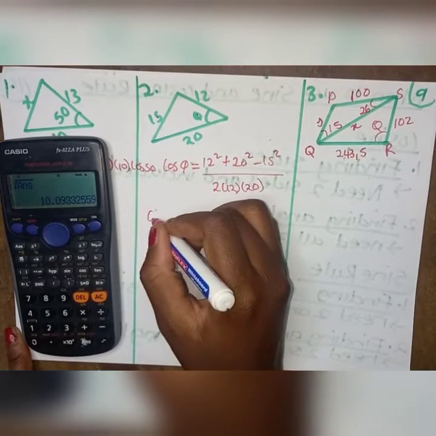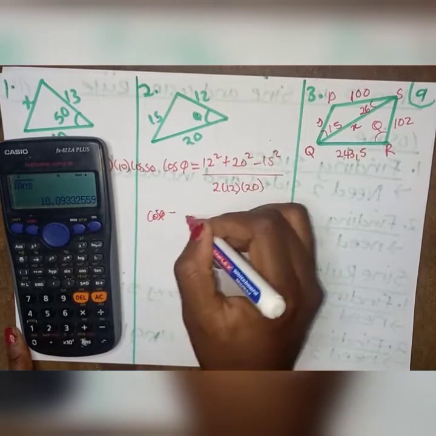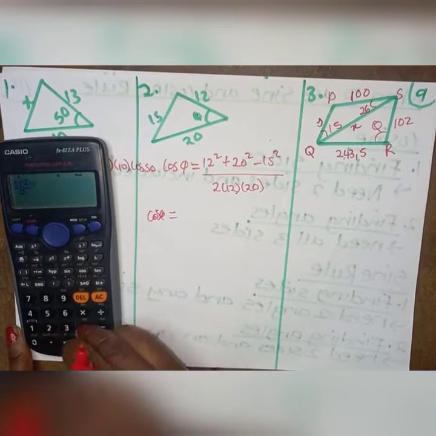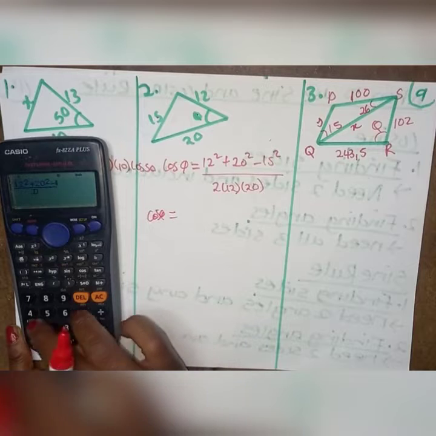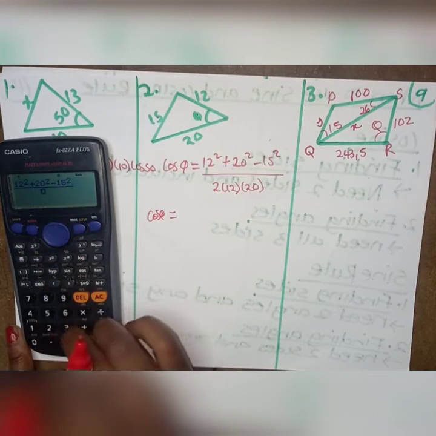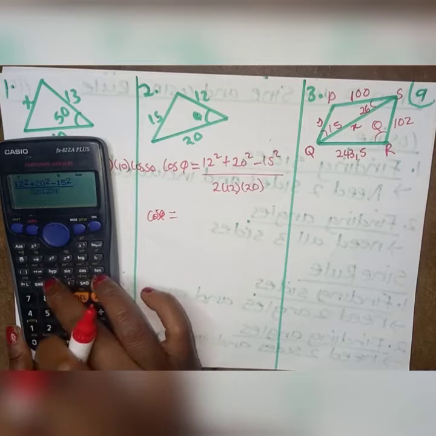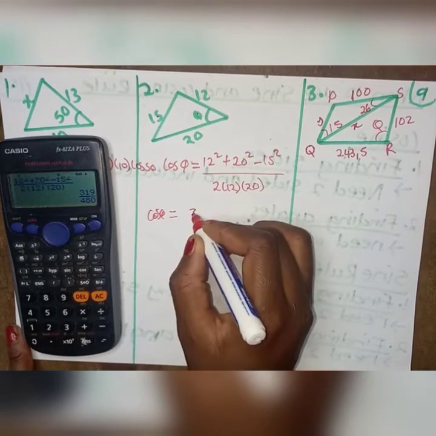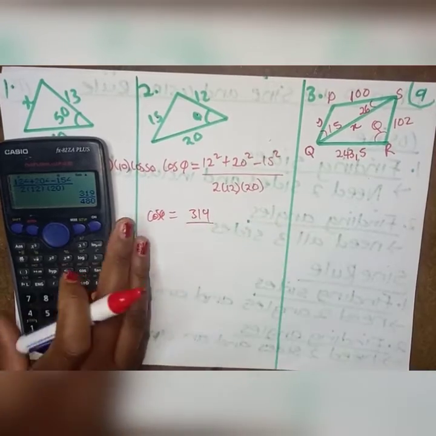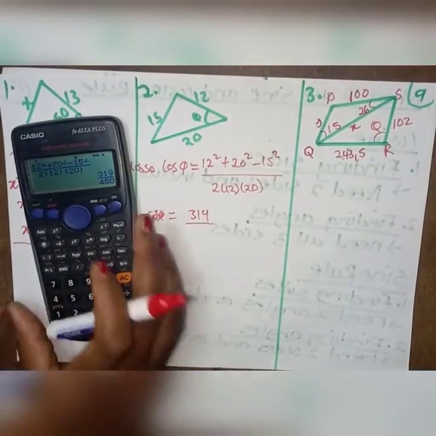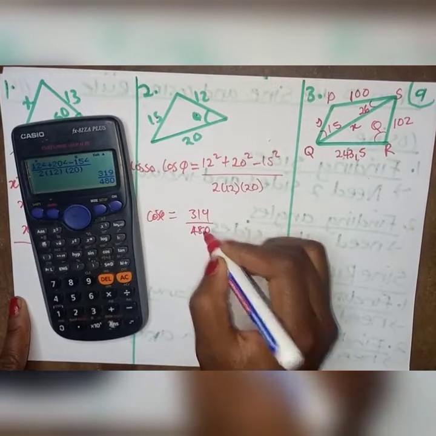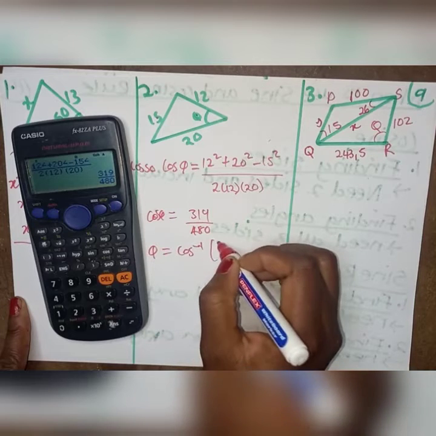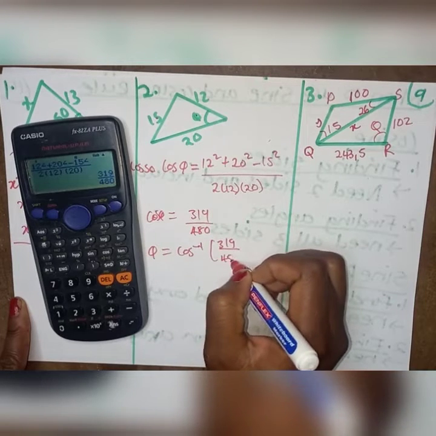Okay. So cos theta is equal to, let's punch that, 12 squared plus 20 squared minus 15 squared all over 2 times 12 times 20. What are we getting? We are getting 319 over 480. Yes, 319 over 480. So our theta is actually cos inverse of 319 over 480.